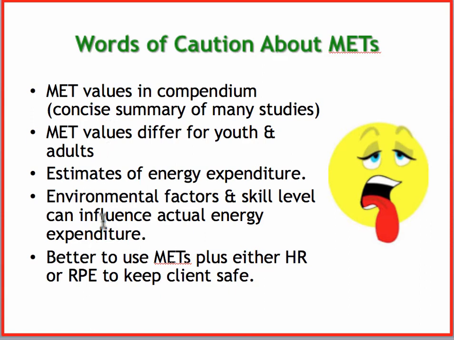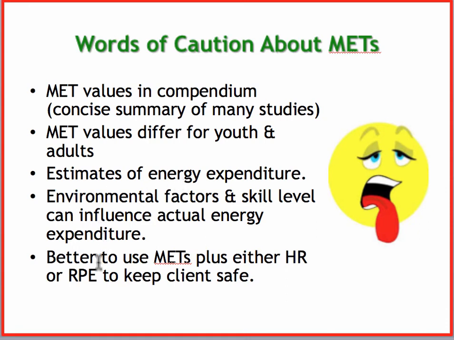You also want to think about environmental factors, things like whether it's hilly or polluted or hot, which are going to affect how much energy expenditure or oxygen consumption people are using while they're exercising. Also their skill level. People that are more skilled tend to use less oxygen and less energy than may be predicted with the METs.